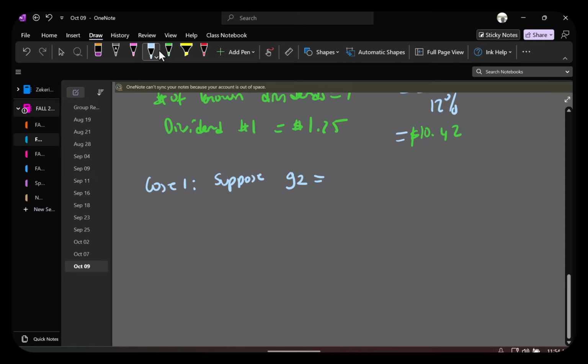Suppose the first dividend is buck 25, and after that, dividends are going to go at a constant rate of 5%. I'm going to actually make it 7% to make the mental calculation easy. All I have to do is just change the second stage growth rate.